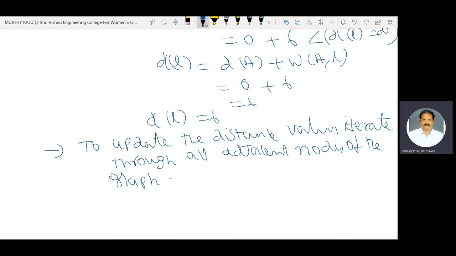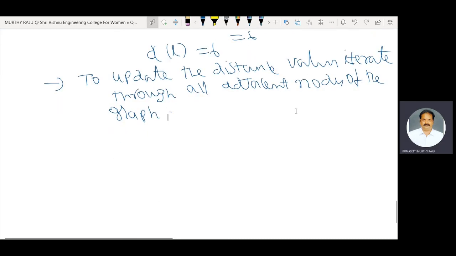In this fashion, we have to determine the shortest path between the source node and all possible nodes which are available in the graph.